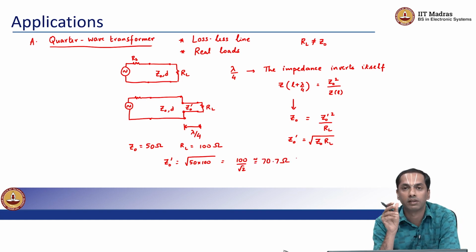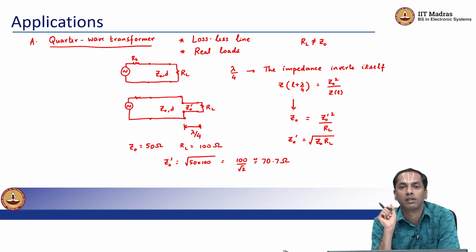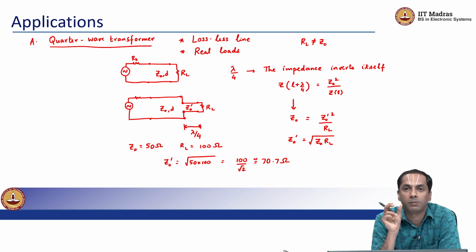So if I insert a transmission line with a characteristic impedance of 70.7 ohms and a length that is quarter wavelength, then what I see is the resistance RL, which is 100 ohms, transforms itself to 50 ohms by the time I hit the junction of Z0 and Z0 prime. And now this 50 ohms perfectly matches, so there are no reflections anymore.